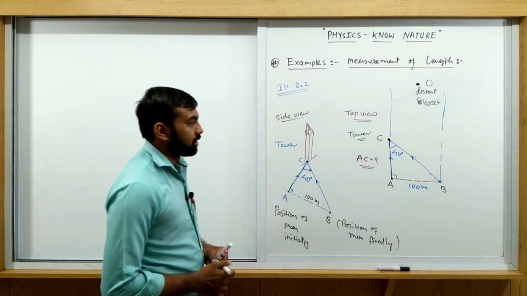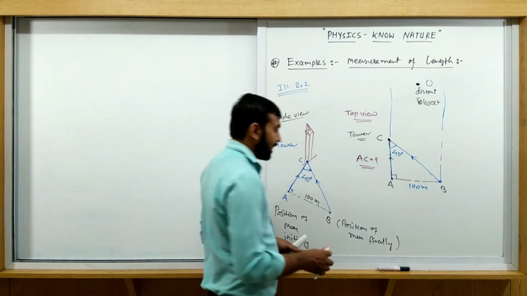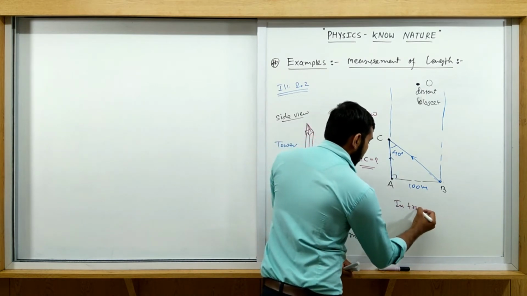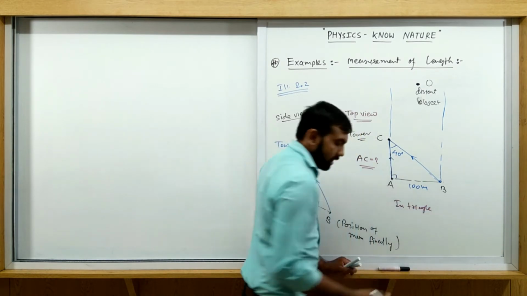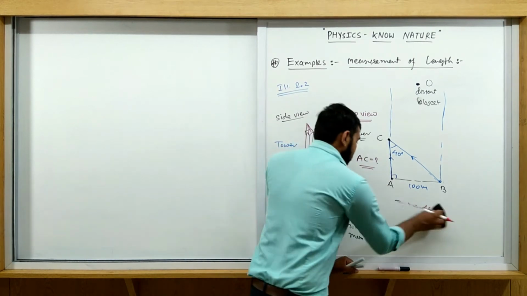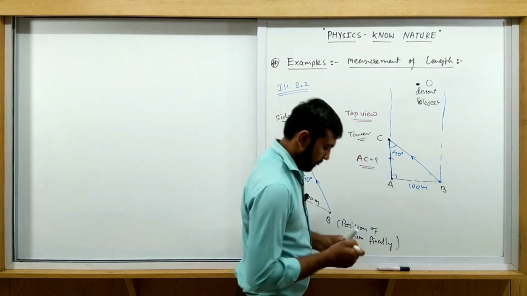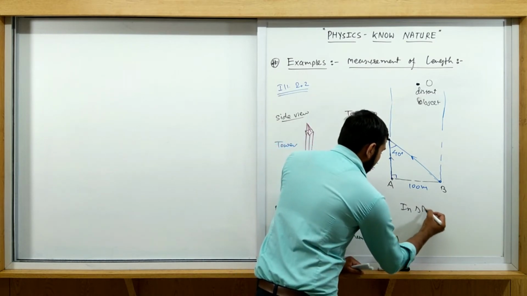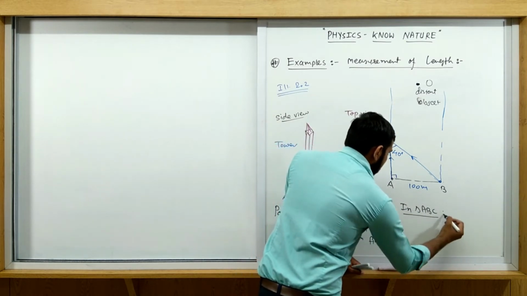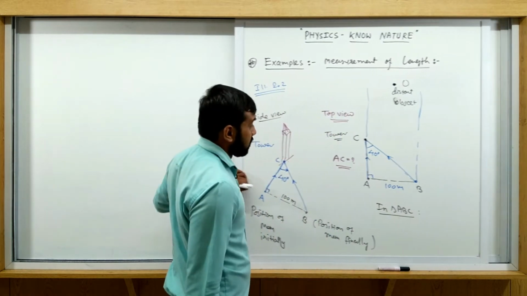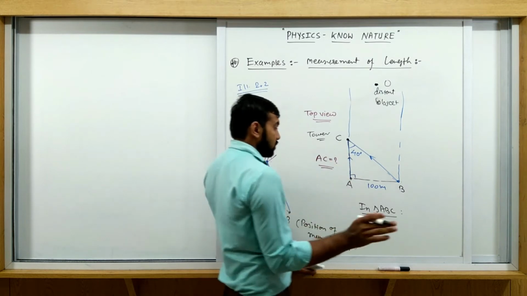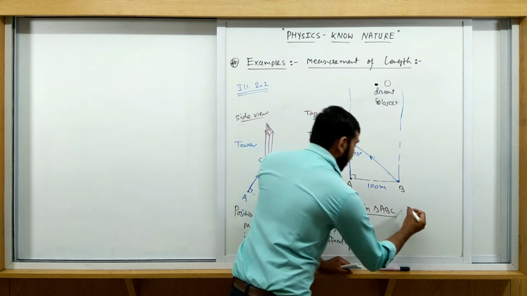In this triangle, use this rule directly and you get the answer. In triangle ABC, the opposite side is given, and the adjacent side you want. So opposite upon adjacent is tan theta.